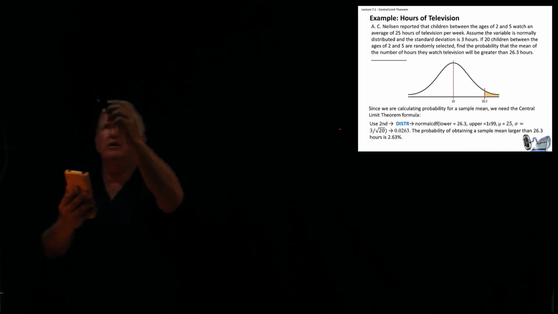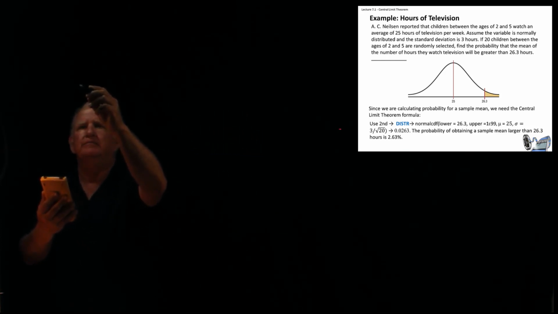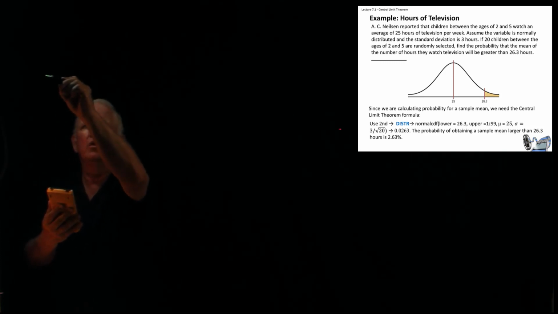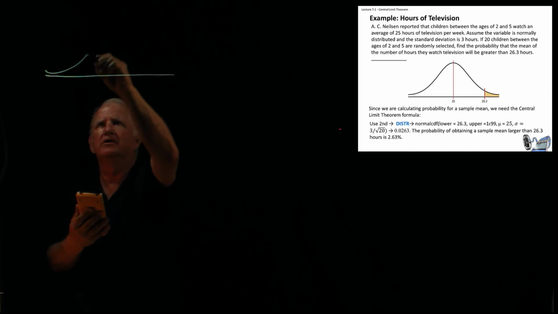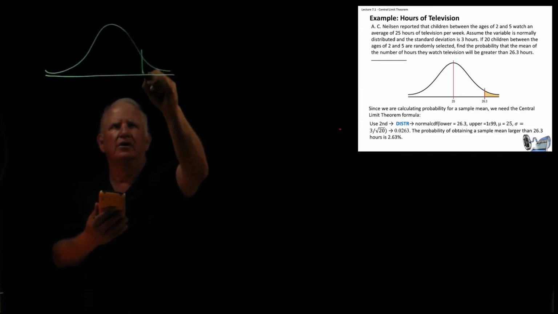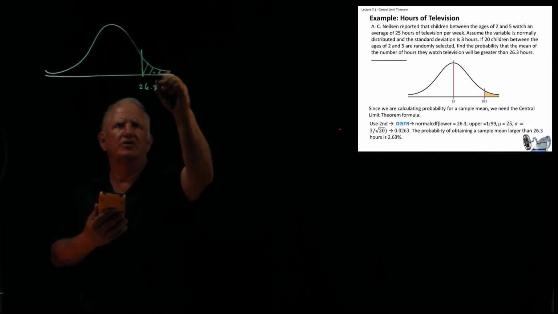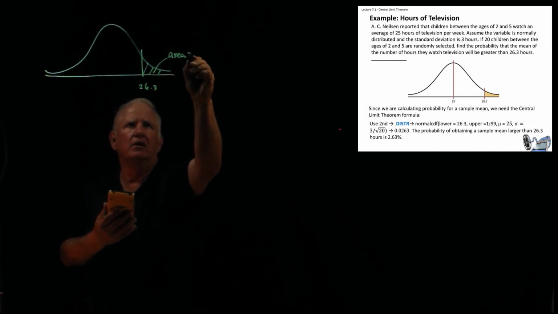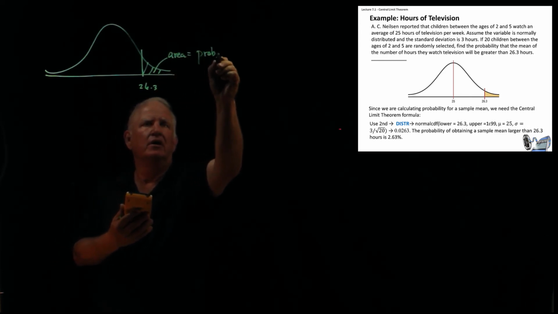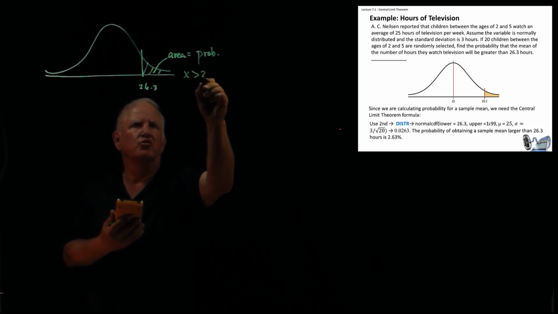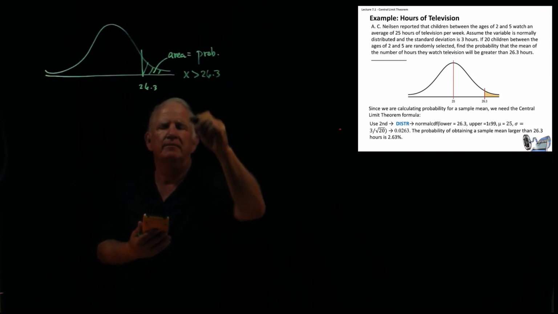We kind of write that down. So again, what we're doing is we're looking at a distribution here, these children. We're asking, what's the area, the probability of this value x being greater than 26.3?